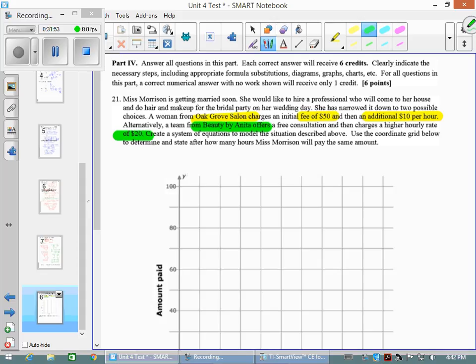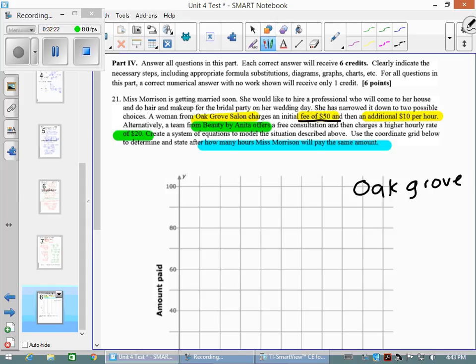Okay, so if I look for Oak Grove, my function they're telling me is going to be a fee of $50 and an additional $10 per hour. So this fee of $50 is going to be a one-time fee. When we're writing a linear equation, it's usually in the form of y equals mx plus b, and that one-time fee is that b.